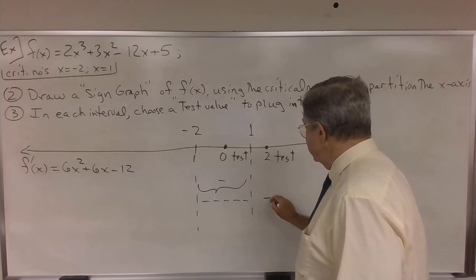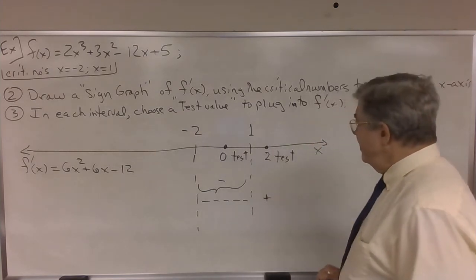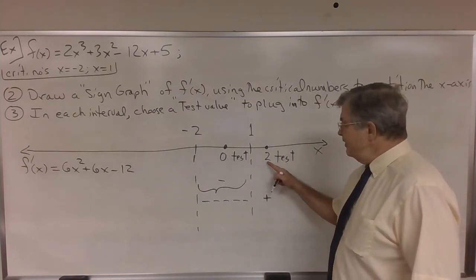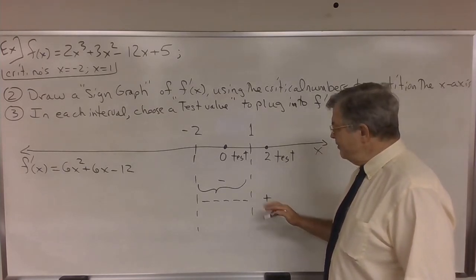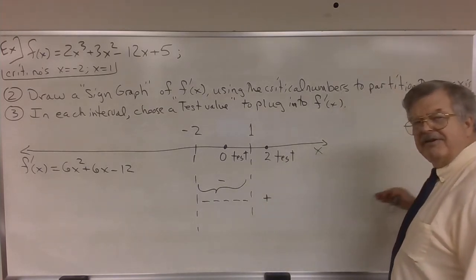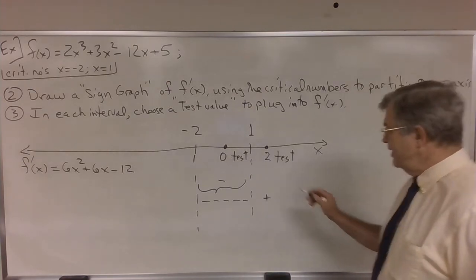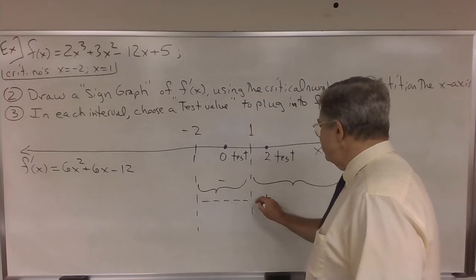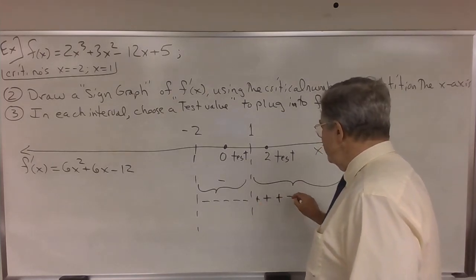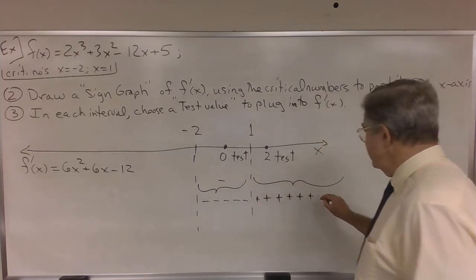So I'm thinking that since the derivative is positive when x equals 2, the derivative is probably positive throughout this whole interval. I'm not sure I can justify that, but I do have this hunch.